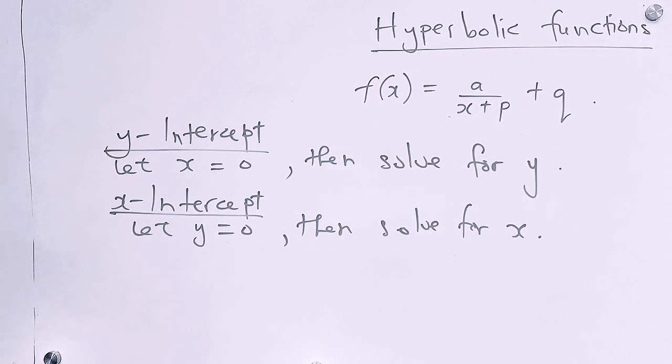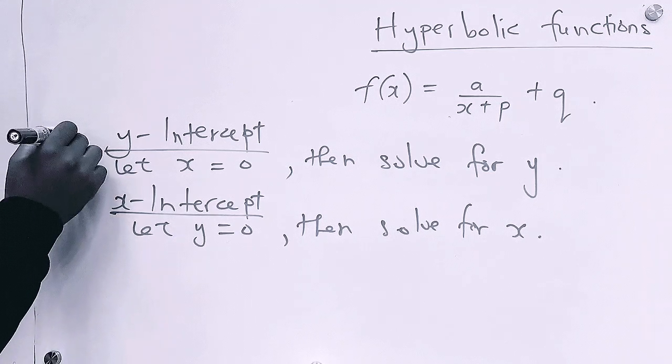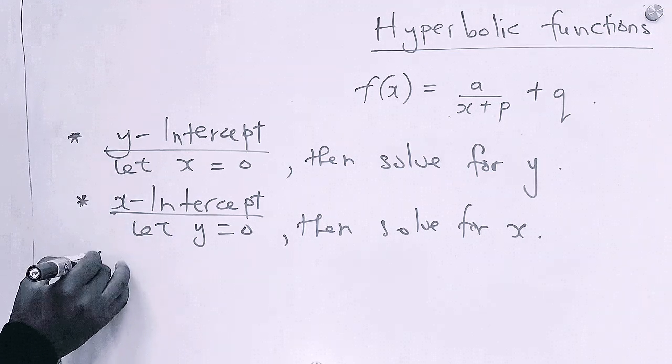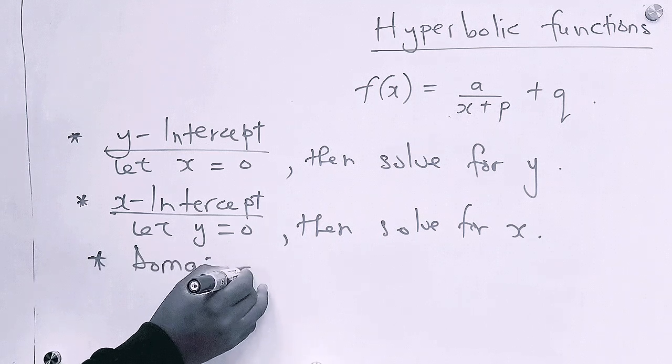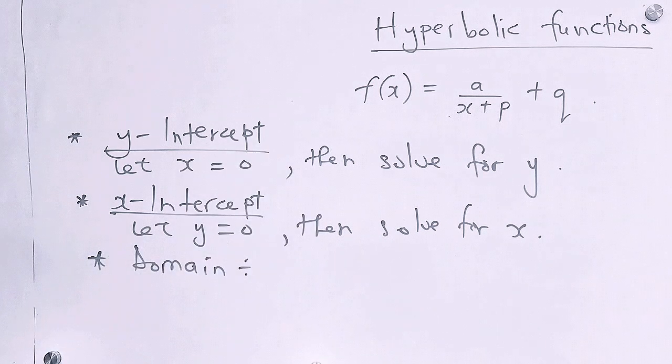Then we have the domain. Domain is the set of input values, which is the x values. So our domain must not be equal to our asymptote line.